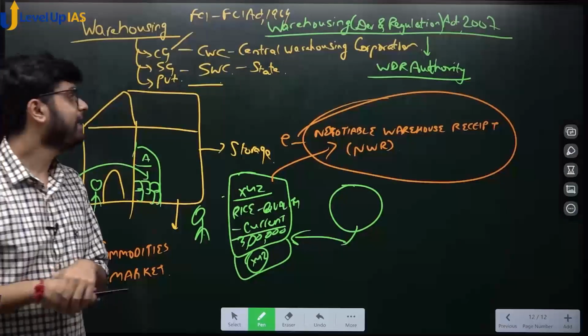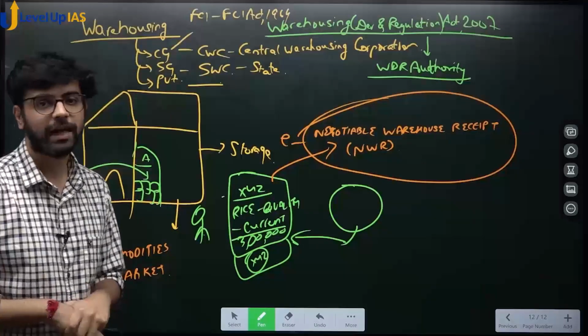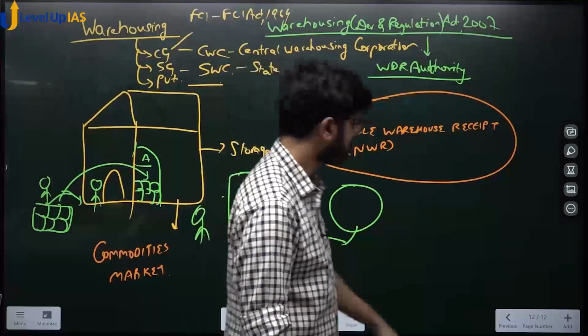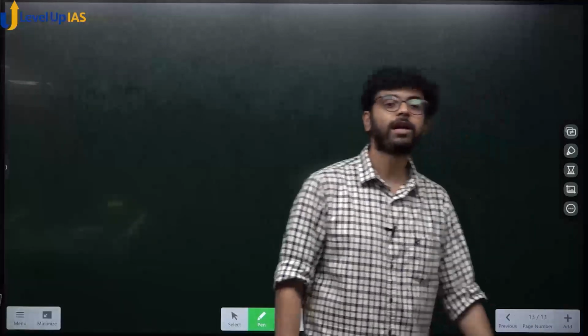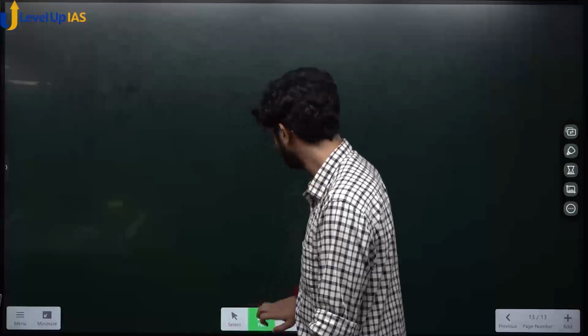Now there are issues relating to procurement. Actually, this comes under buffer stock, but okay. There are issues related to FCI's procurement.